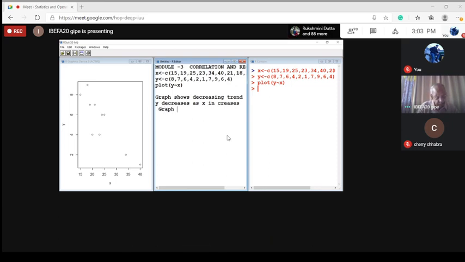The graph has a declining trend from left top to right bottom.